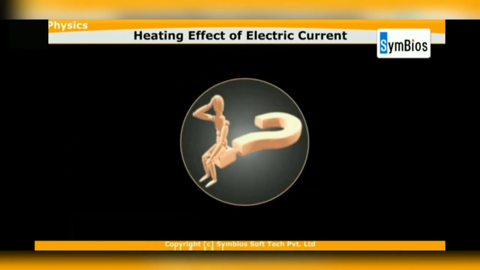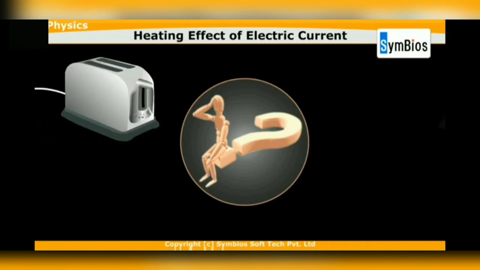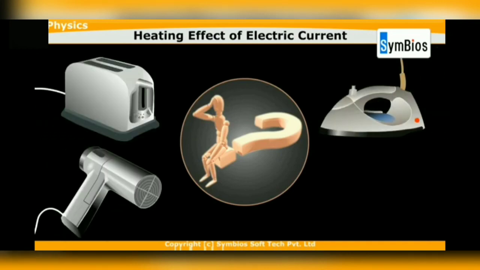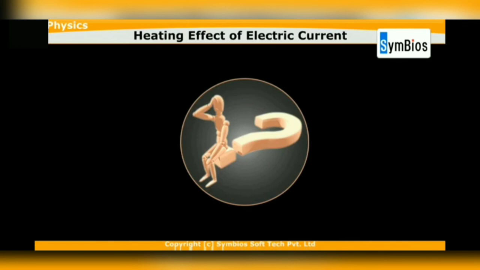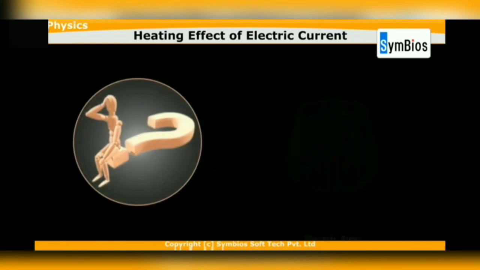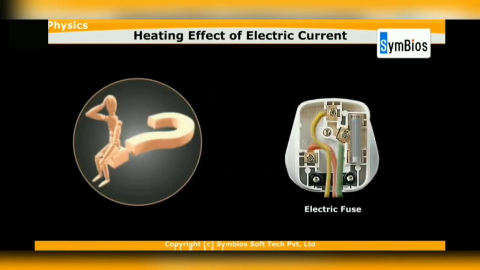Now, let us explore a few questions that might have made you wonder sometimes. The electrical appliances such as toaster, iron, hairdryer, or room heater have metallic filaments or coils. Do you know why? You might have experienced that the electrical supply of your house suddenly breaks when a fuse blows off.